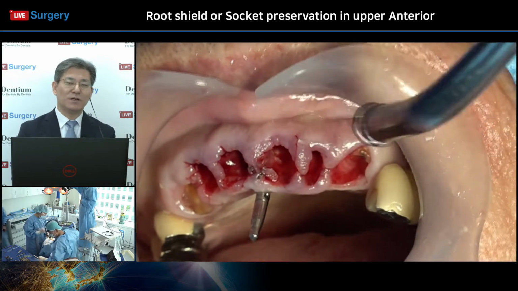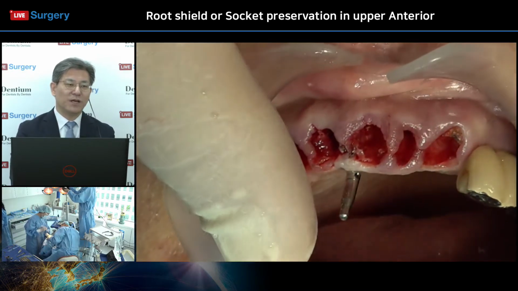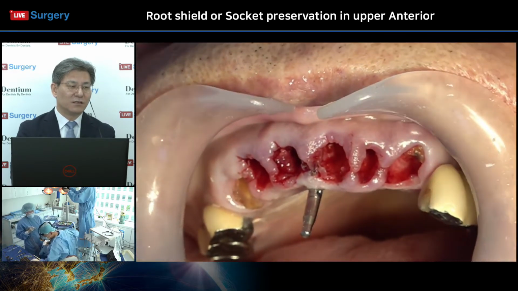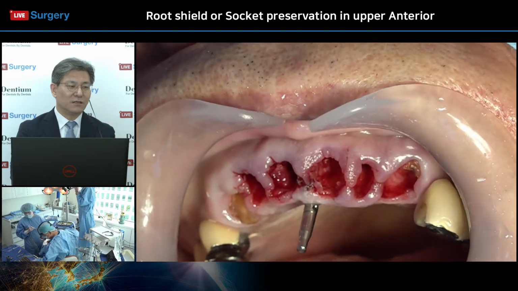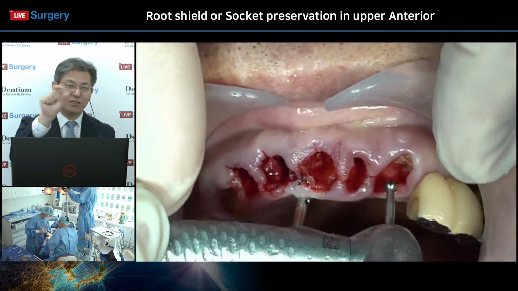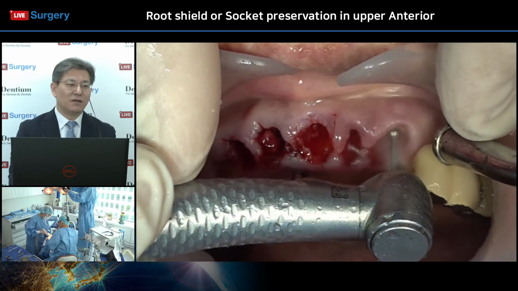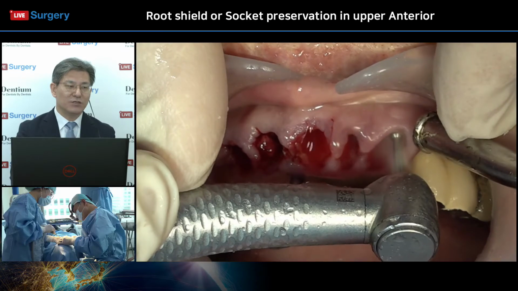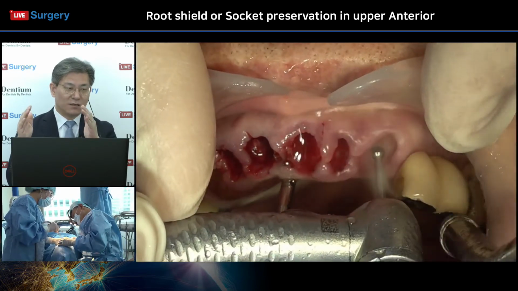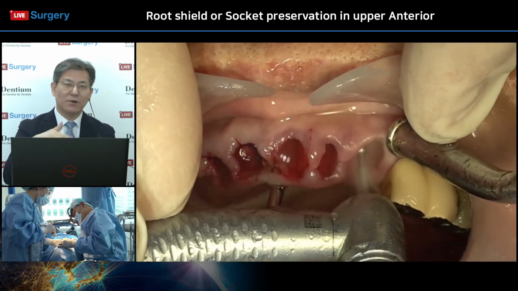The popular one is semilunar, with a small remnant of the labial bone plate around there. Type 2 is the half C shape, bigger than the normal situation, with mesial and distal, and finally parallel.